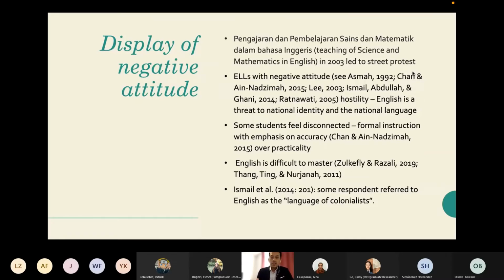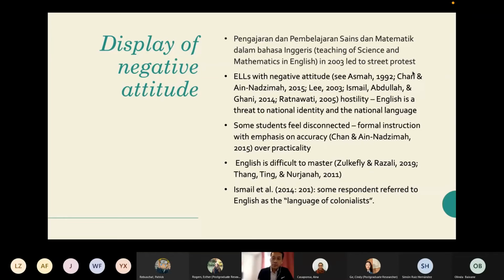However, the policy was subject to much debate and controversy, up to the point that it led to a coalition of 40 non-governmental organizations and political parties in January 2009. They sought to collect 100,000 signatures, and they marshaled followers to protest against the decision to teach science and mathematics in English.